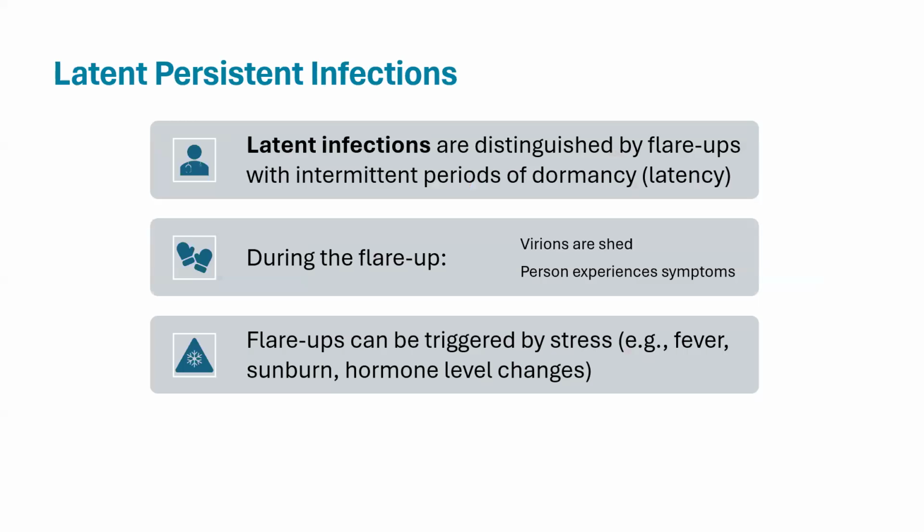Now, our last type of infection here are latent persistent infections. These have flare-ups with dormancy periods. During the flare-up, you get the same viral shedding like you had with the chronic persistent infections, and that's when the person is experiencing their symptoms. These can also often be triggered by stress, even more so than your chronic persistent infections.